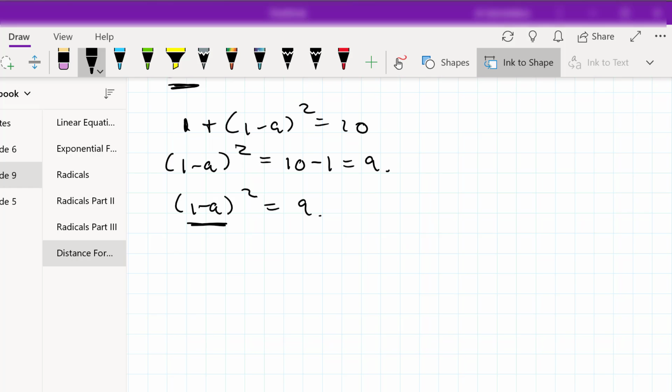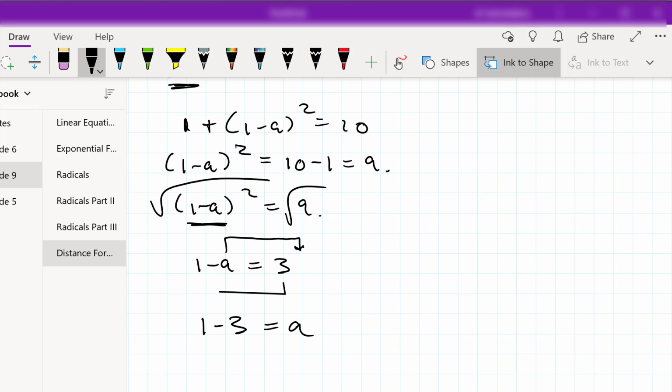We can square this term out, or we can just take the square root of both sides and have 1 minus a equals 3. We will just consider the positive square root. So now we take the a on this side to make it positive and the 3 on this side. Therefore, we have 1 minus 3 equals a.